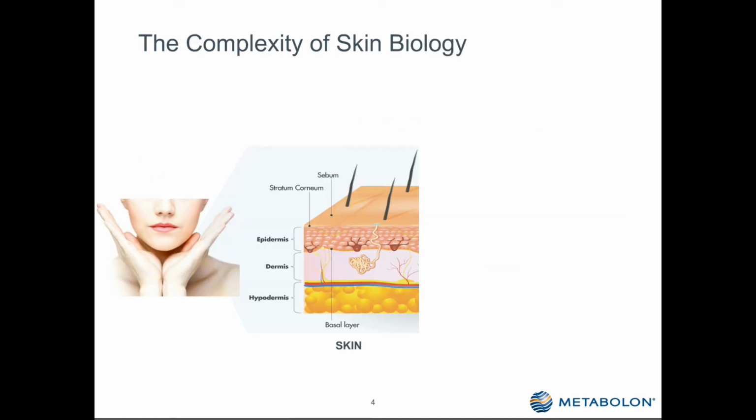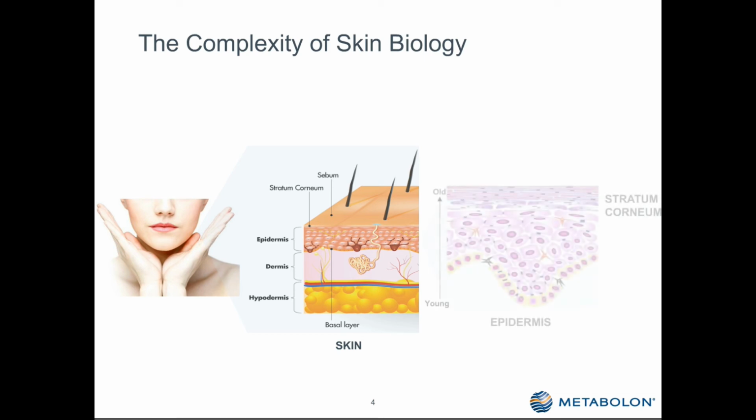Those functions of the skin are carried out by its complex structure, and the skin has two major parts, the epidermis and dermis. The dermis is where all those appendages are located, so things like blood vessels, sebaceous glands, sweat glands, nerves all locate in this compartment. The epidermis is the most outer layer of the skin, and it is predominantly composed of keratinocytes.